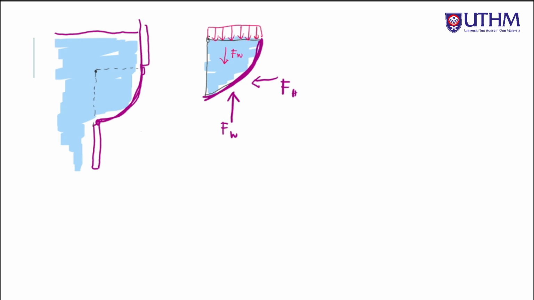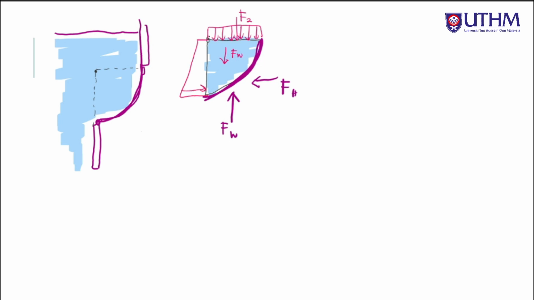Yang ni kita boleh cakap sebagai F1, pressure from water. Okay, sekejap, salah, saya rasa better kita letak yang ni sebagai F2. And then from horizontal actually kita ada macam ni.